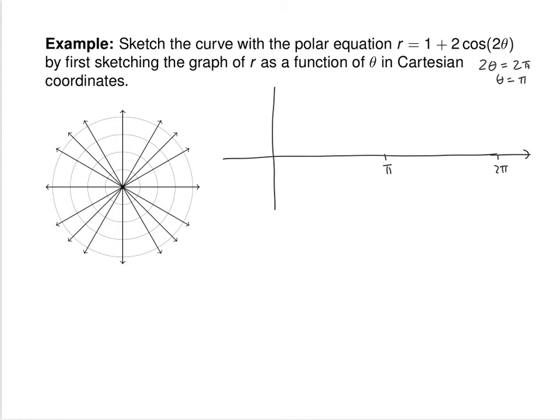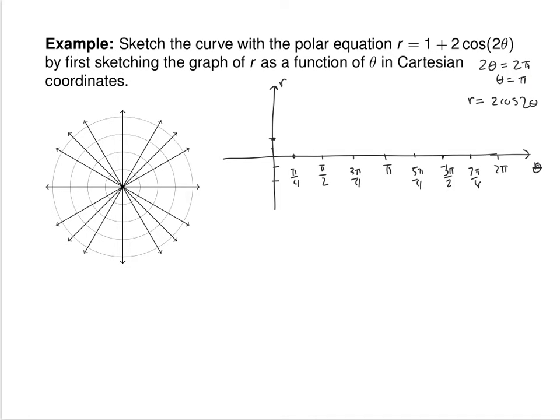By 2 pi, we're through 2 cycles. So halfway to pi halves is pi quarters, 3 pi quarters, 3 pi over 2, 5 pi quarters, and 7 pi quarters. And if we're at least initially just graphing r equals 2 cosine of 2 theta, we're going to start off at 2.